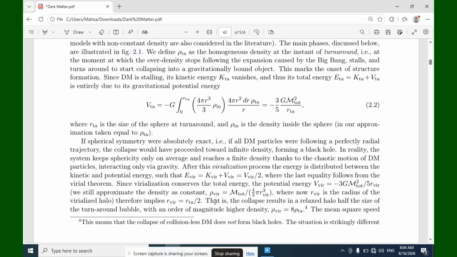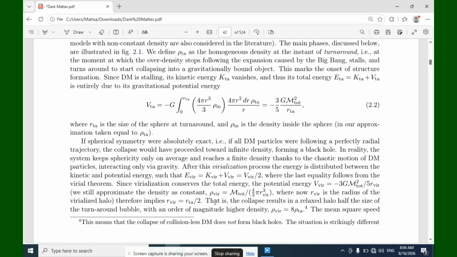After this virialization process, the energy is distributed between the kinetic and potential energies such that E virial is equal to K virial plus V virial, which is V virial divided by 2, where the last equality follows from the virial theorem.